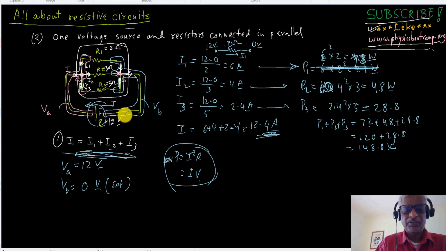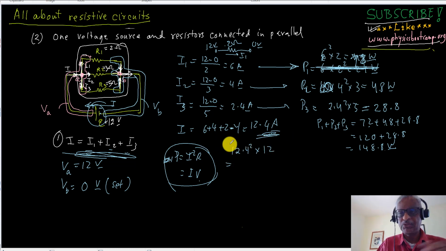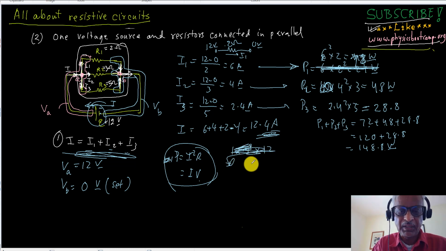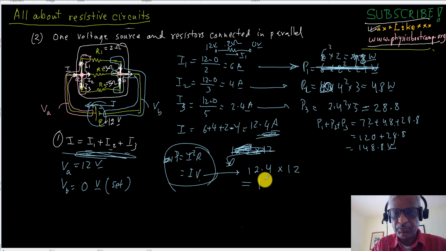Now if I look at the battery, it should equal IV. So for the battery, you're going to get an IV. How much current is flowing is 12.4 amp times voltage, which was 12, and this is also 148.8 watts, which is the same as that.